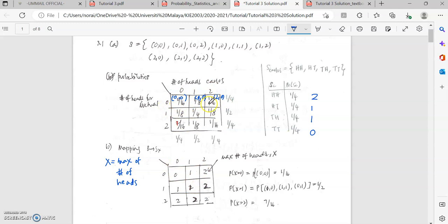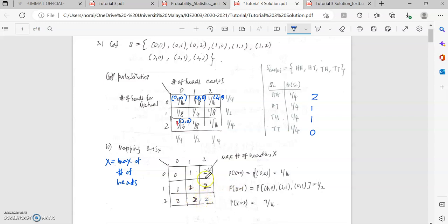When we have this outcome, what is the maximum? For 0, 0, the maximum is 0. For 1, 0, the maximum is 1. For 2, 0, the maximum is 2. So we fill up these boxes according to the combination that we get. For example, here Michael is 2, Carlos is 0, so the maximum is 2.